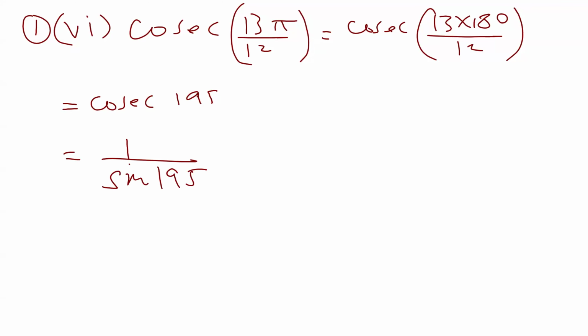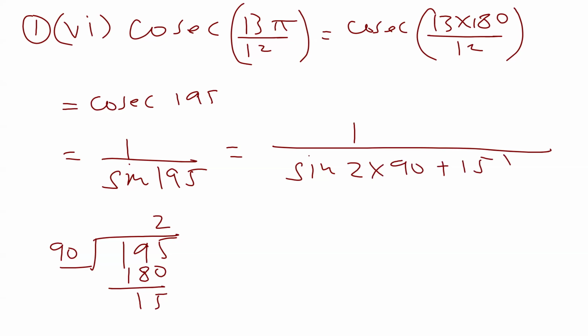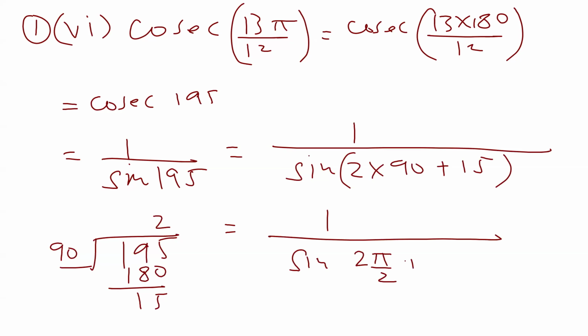Which is 1 upon sine 195, using the divide by 90 method. So sine of 2 into 90 plus 15, which is 1 upon sine of 2 pi by 2 plus 15.